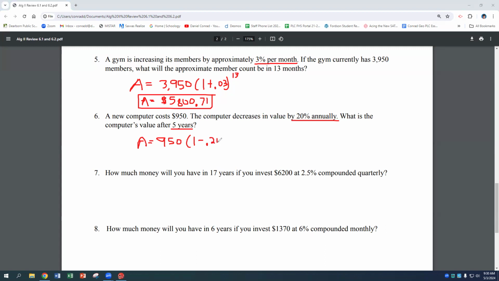That's 1 minus 0.20, and then over 5 years. So that's gonna be 950 times 0.8 to the fifth.